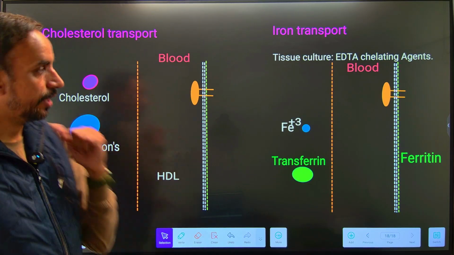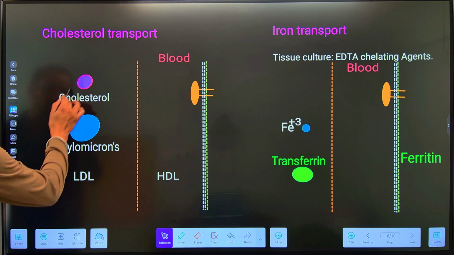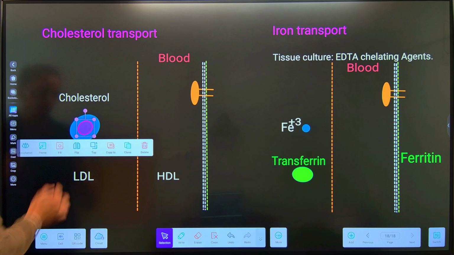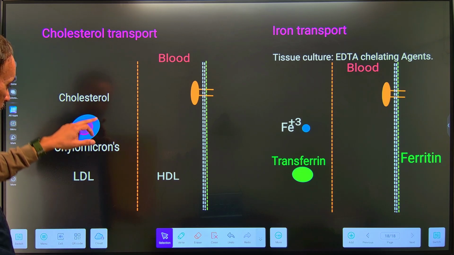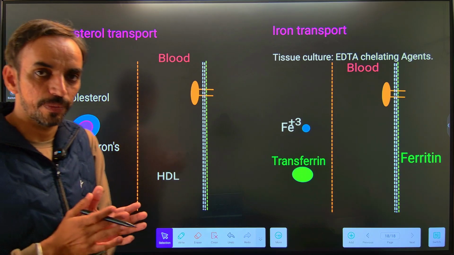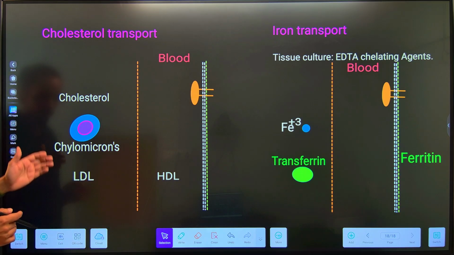So to transport the cholesterol you first have to make a structure which is known as chylomicrons. What are chylomicrons?